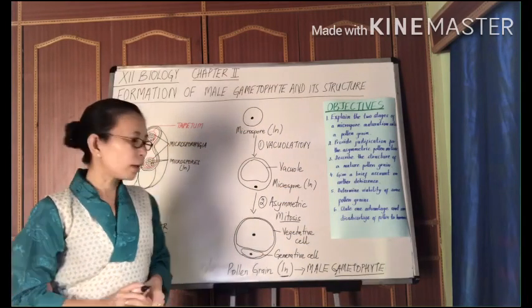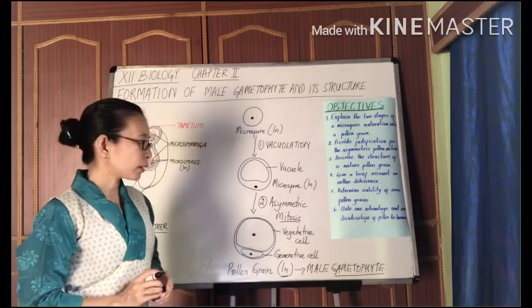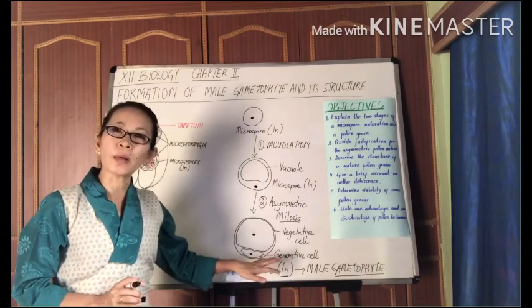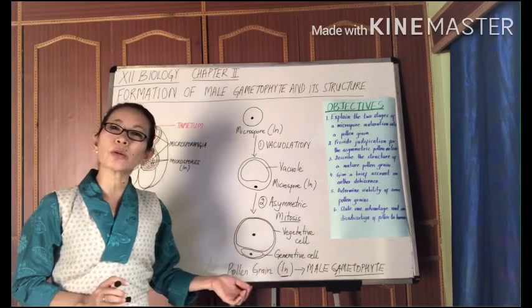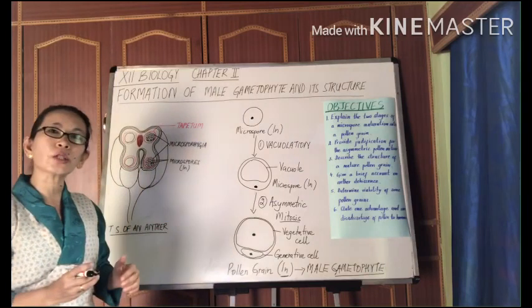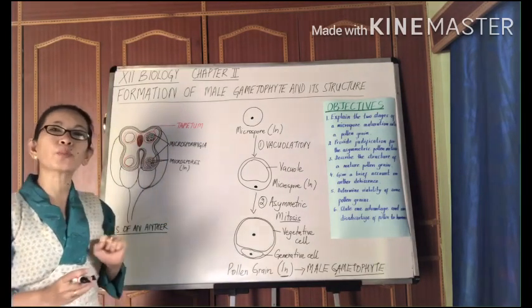Alright, we learned about the two different life cycles in the plants. Even in the angiosperms, we do have the sporophytic generation and the gametophytic generation. Sporophytic generation is basically about the formation of spores from the microsporangium.